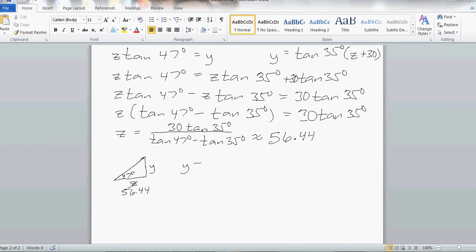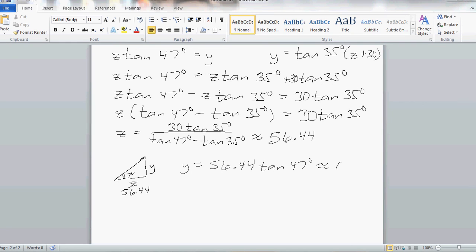y, looking at this value right here, y is equal to z, which we have in our calculator as approximately 56.44, times the tangent of 47 degrees. So I'm going to just take the value that is presently in my calculator, multiply by the tangent of 47 degrees, and I get 61 when I appropriately round.